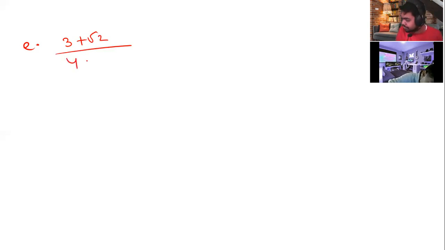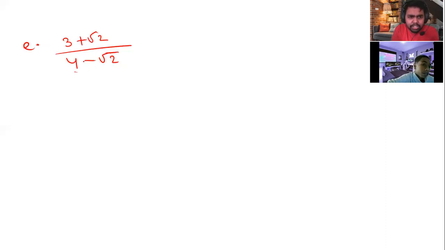Yes. See, now try to understand. Question number E I'm solving, okay? I have 3 plus root 2 over 4 minus root 2. It is a bit tough as compared to D, therefore I'm solving that. Here, I have to eliminate the denominator, means all the root things from the denominator, not the whole denominator.